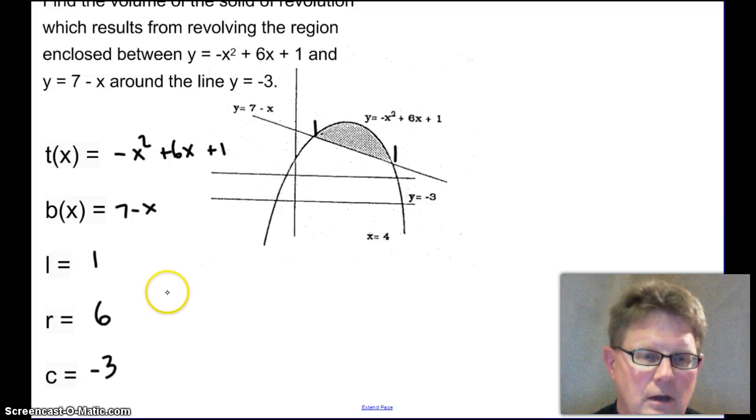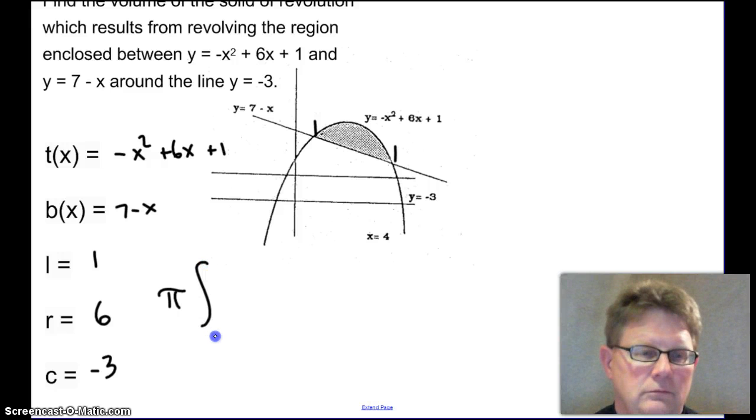So the integral setup is pi times the integral, left to right, 1 to 6.